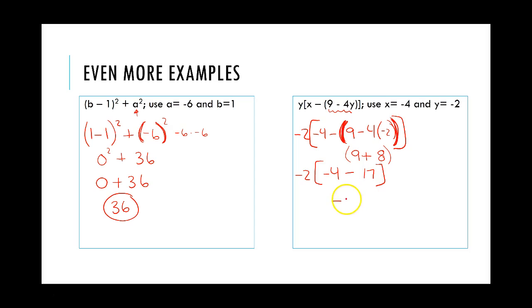So that's going to be -21 and then times that by -2. So a negative times a negative is positive. 2 times 21 is 42. Another good example. So be careful with this trickiness when you have brackets and parentheses and then you substitute in a negative.